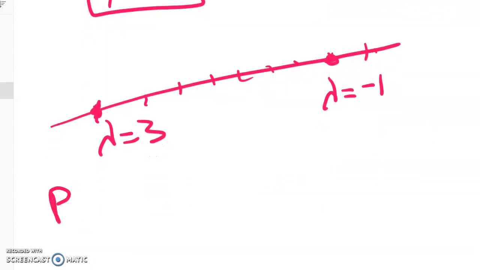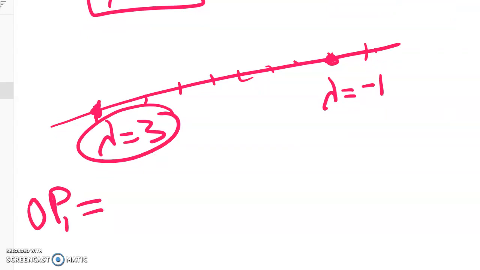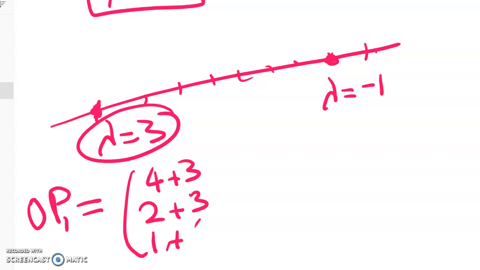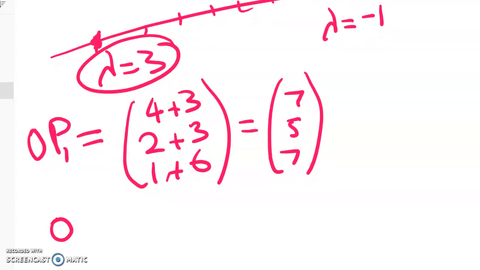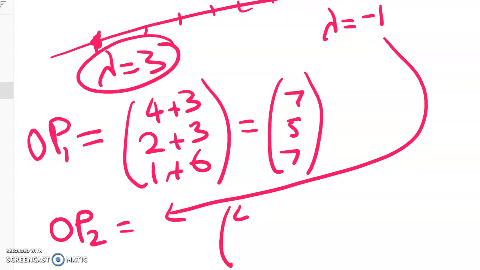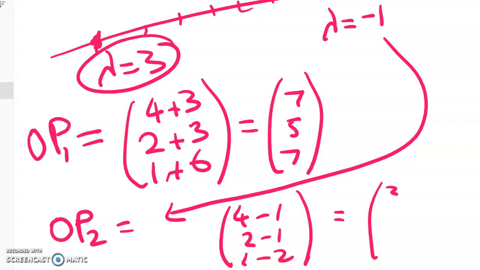So we just need to chuck this value back in, and we get OP1 for the position vector is 4 plus lambda, so 4 plus 3, 2 plus 3, and 1 plus 2 lambda, giving me this vector. And then we do it again with lambda equals negative 1. And that gives me 4 take away 1, 2 take away 1, 1 take away 2, or 3, 1, and negative 1. So there you go.